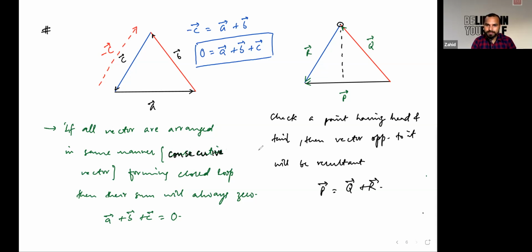Everyone done to this part? Sabita? Yes, sir.